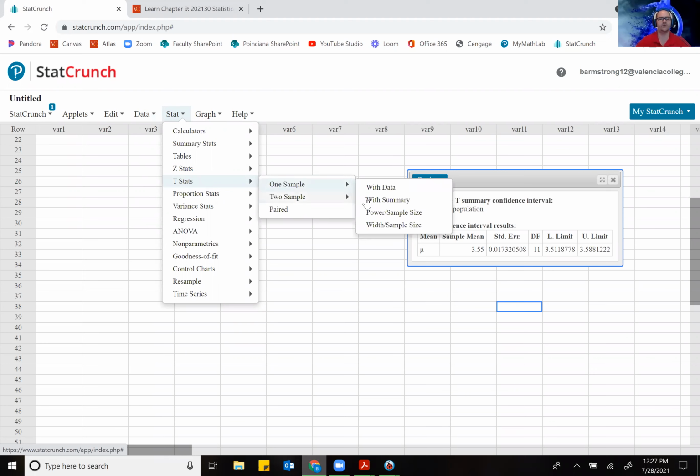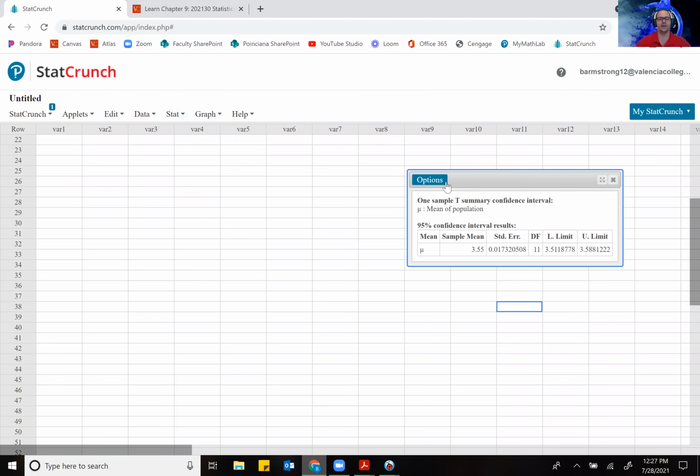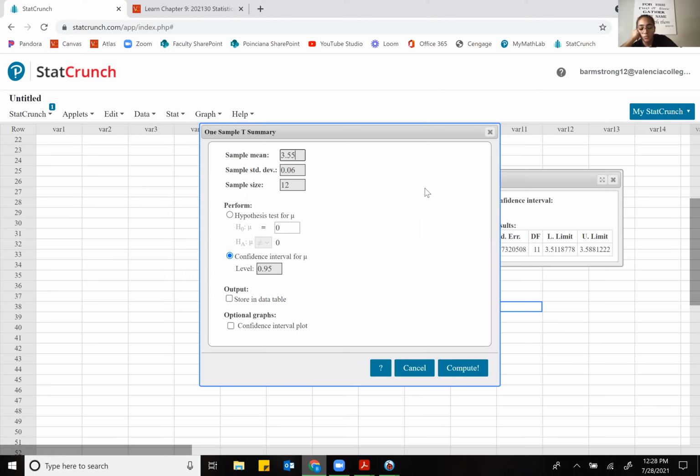It is with summary. Let's make sure we got everything in correctly. That's in the standard deviation, and we're given the standard error, which should be essentially your standard deviation. What I did to change it: the only thing I needed to change was the standard deviation.